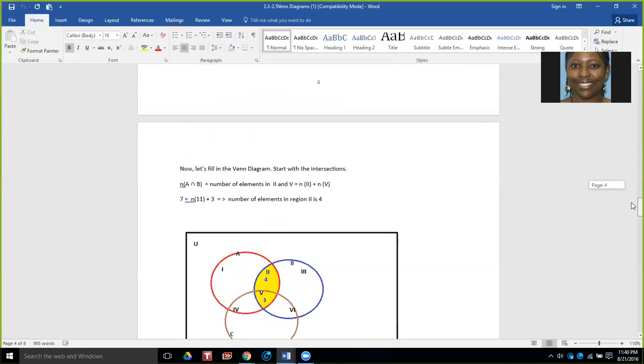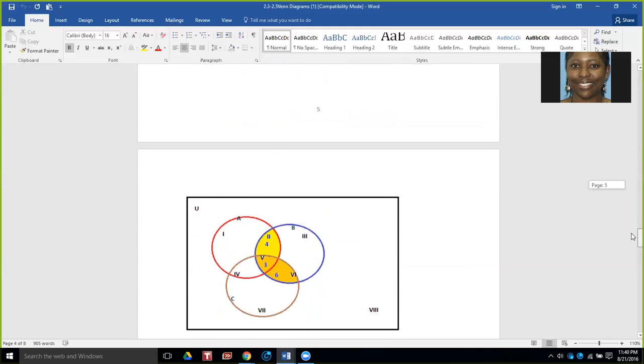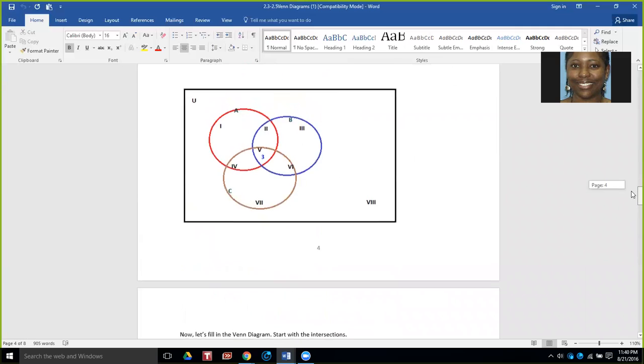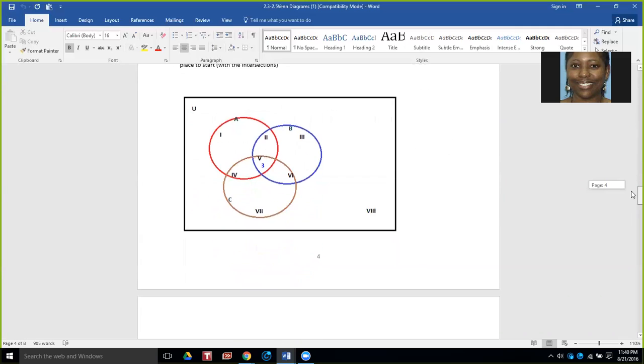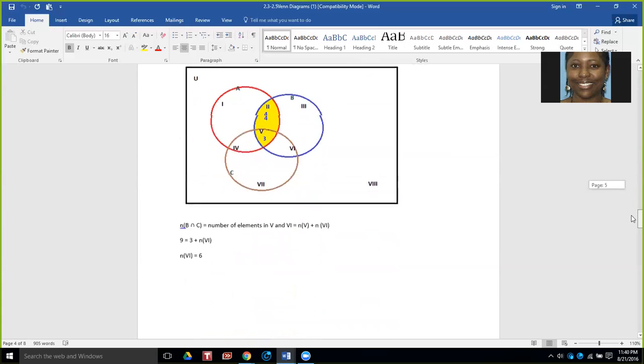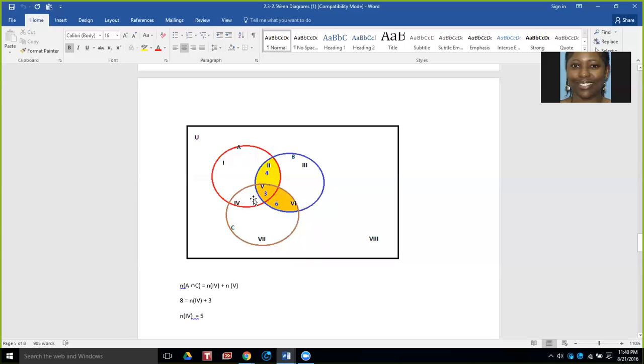And then I go to another intersection, which I do B and C. B and C, it should be 9. The intersection should be 9. And we have, the middle is 3. So that means that 3 plus 6 is 9.